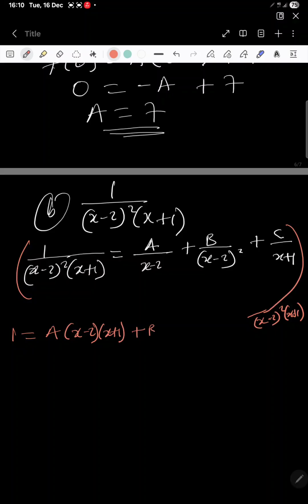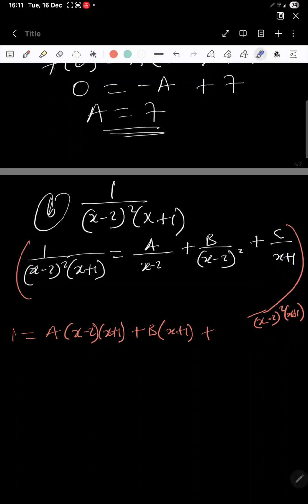Then plus B, if you multiply this part and this part, you are going to find that the (x minus 2) factors go, you remain with B times (x plus 1). And then plus, when you multiply this part and that part, you find that the (x plus 1) and (x plus 1) will go, you remain with C times (x minus 2) squared.